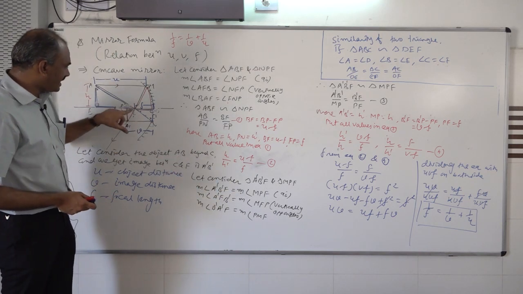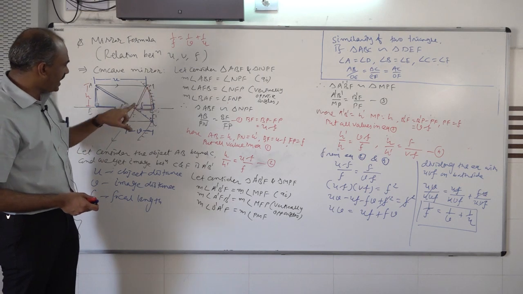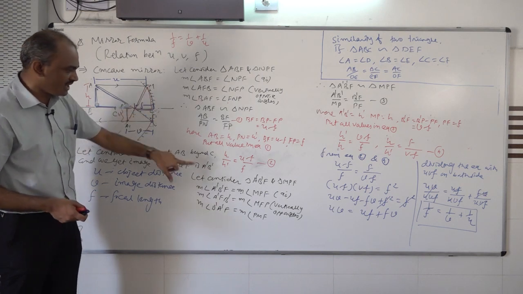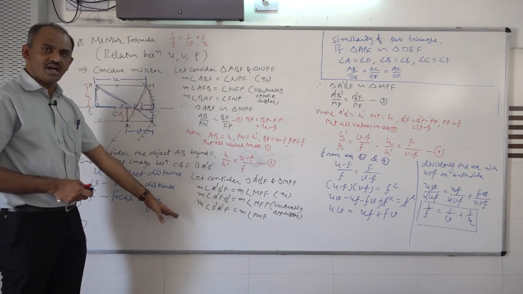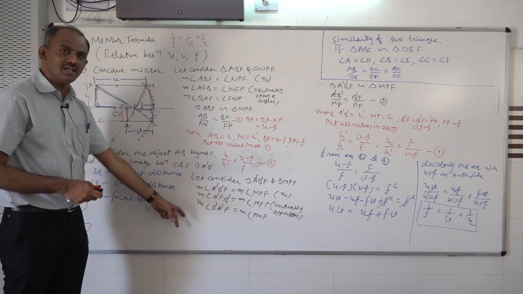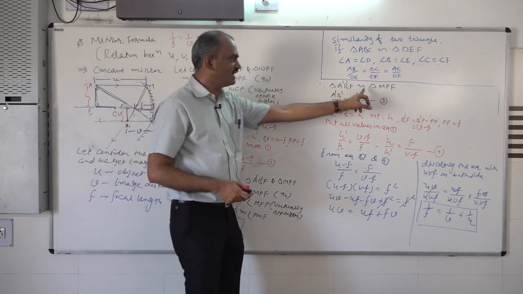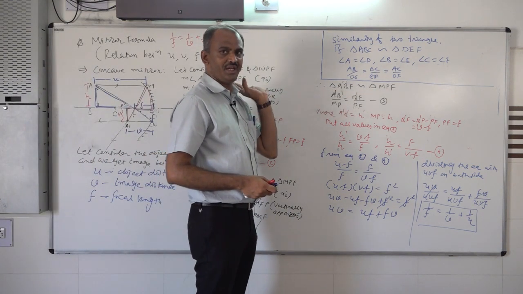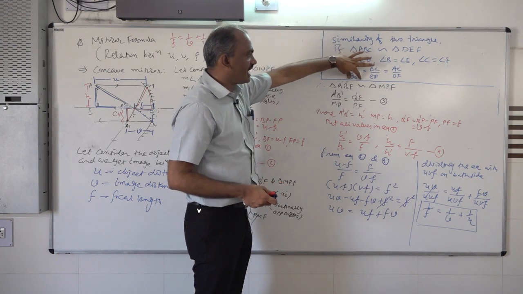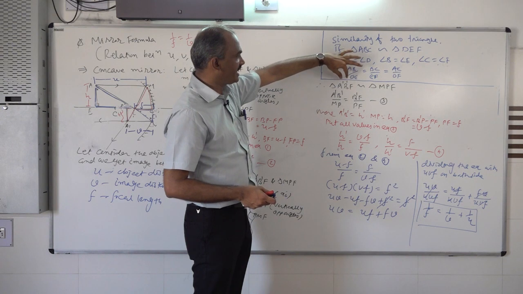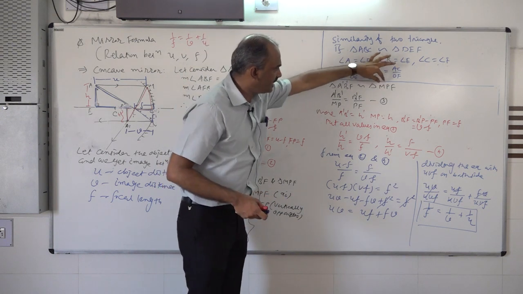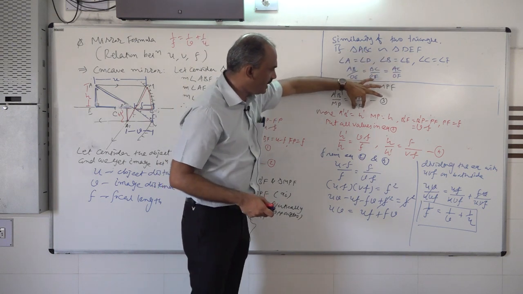Angle A dash F B dash is equal to angle MFP because they are vertically opposite angles, and obviously the third angles are equal. So triangle A dash B dash F is similar to triangle MPF. If these two triangles are similar, their corresponding side ratios are constant. So we get A dash B dash upon MP is equal to B dash F upon PF.